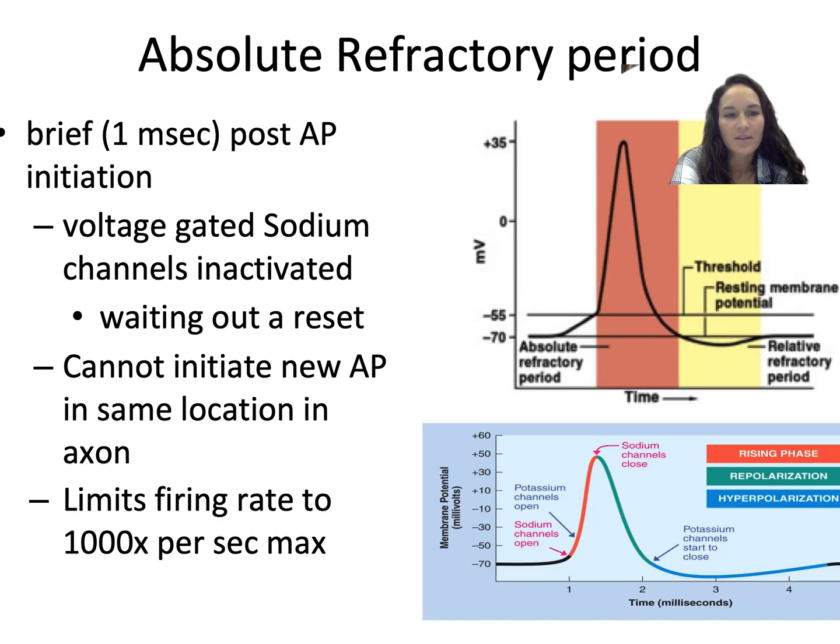If there's another stimulus coming into the cell during this absolute refractory period, during that peak and the repolarization, then it's impossible for the cell to fire another action potential. And so this absolute refractory period is going to keep the action potential from happening in the same place at the same time on the axon. So neurons are essentially limited to firing at most once per millisecond, so at maximum 1,000 times per second.